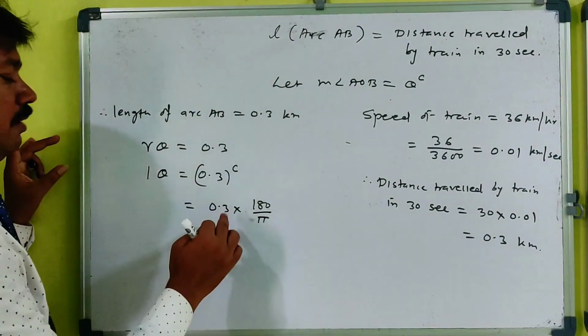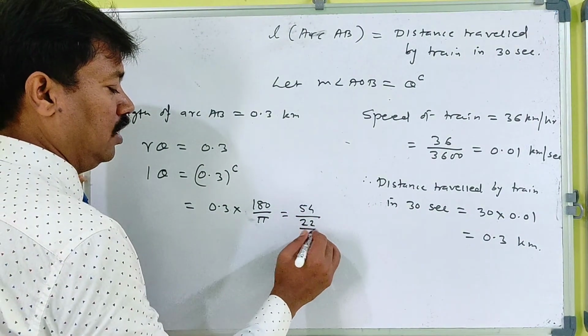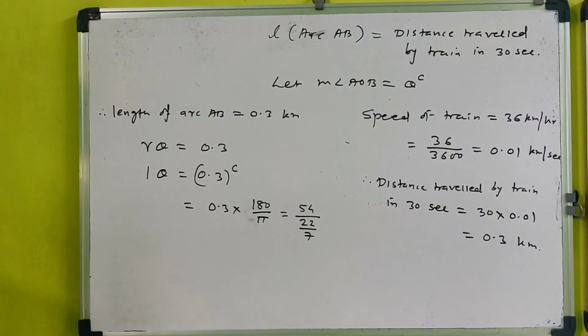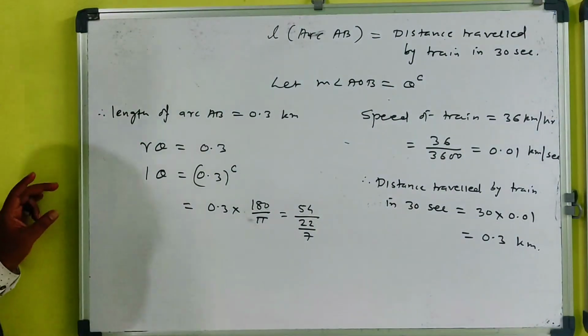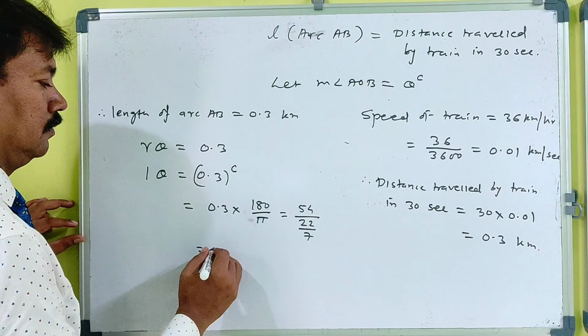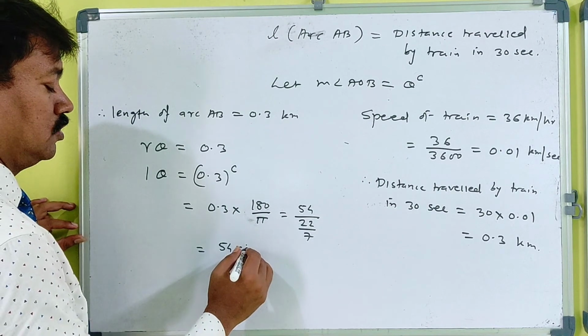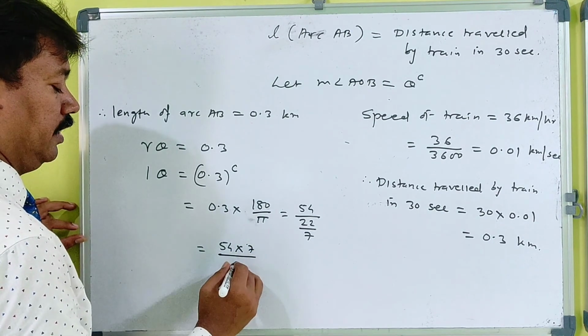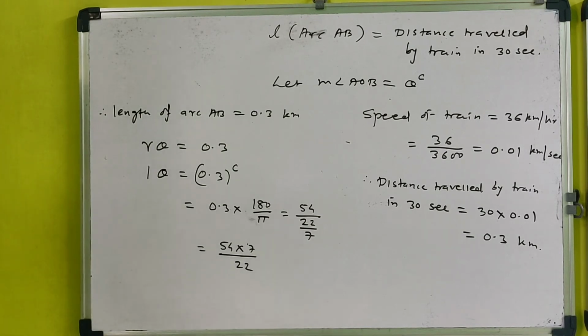So this will become 54 by 22 by 7, that is 7 into 54 divided by 22. Let's see what the calculation of 7 into 54 divided by 22 is.